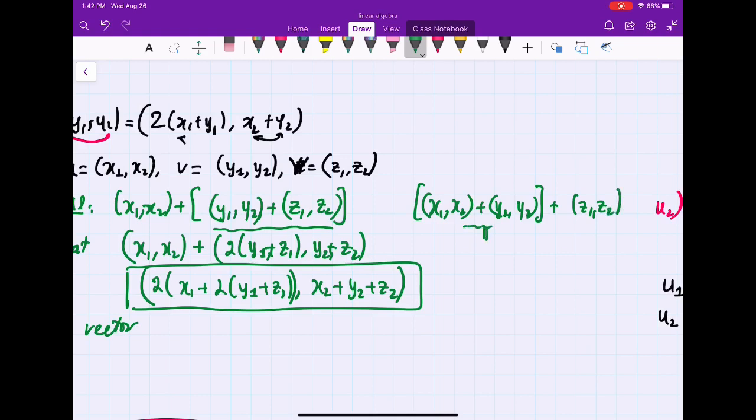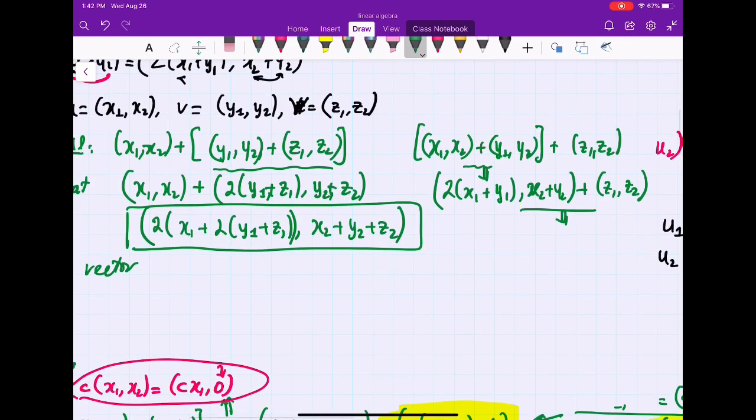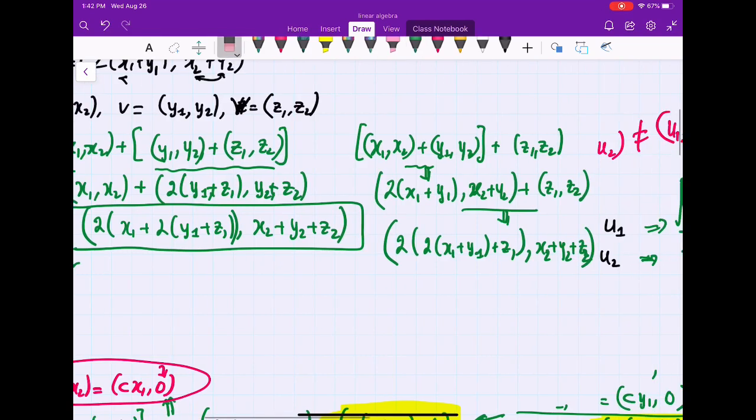According to the addition, I have 2 times (x1 plus y1), and here I have x2 plus y2, and then plus (z1, z2), and then again according to the addition I get 2 times (2 x1 plus y1 plus z1). That is the first coordinate, and then the second one is x2 plus y2 plus z2, right?